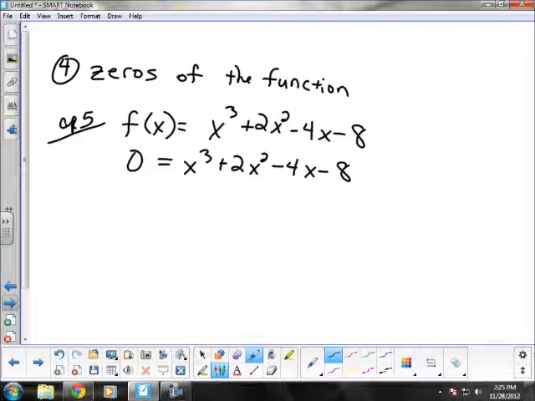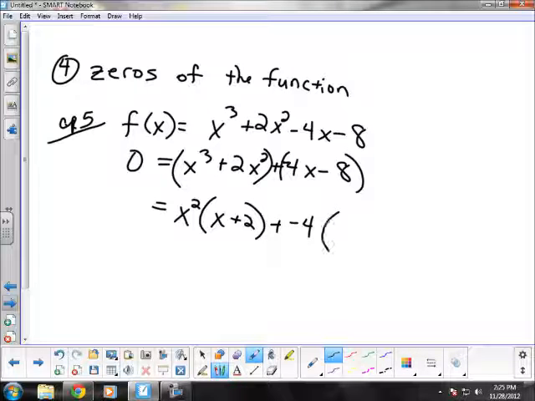You just spent a lot of time in Chapter 2 learning how to solve this equation. It's called factoring by grouping. Remember, if there are 4 terms, factor it by grouping. There's an x squared that's in common here. That leaves the x plus 2. There's a negative 4 that's in common here.